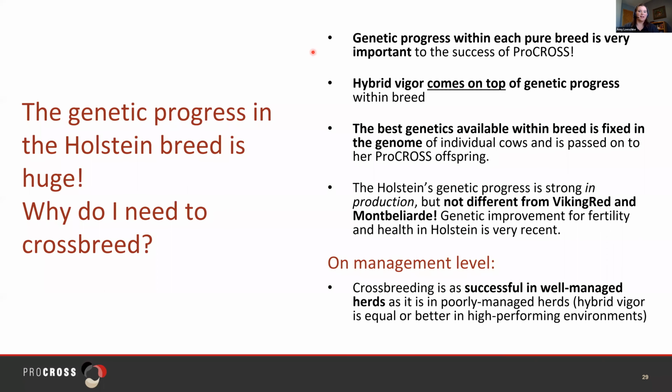But with that said, the hybrid vigor that we find for crossbreeding has been demonstrated to be equal or higher in those high-performing herd environments. So this is really evidence that says, if you're a well-managed herd and you can manage cows well, ProCROSS will do just as well for you as the pure breeds and as Holstein will, even in those high production, high management herds.